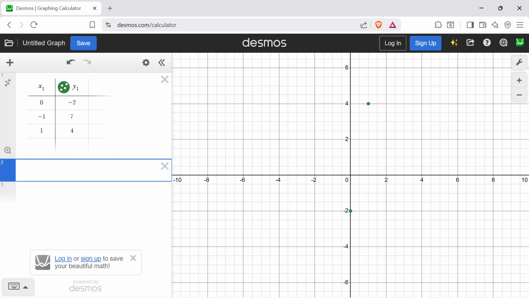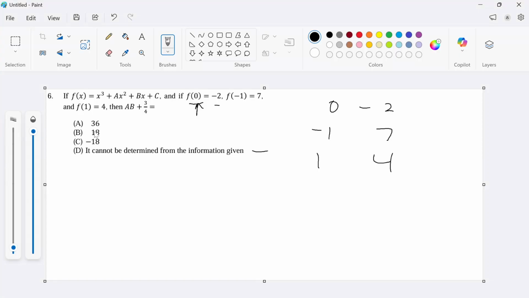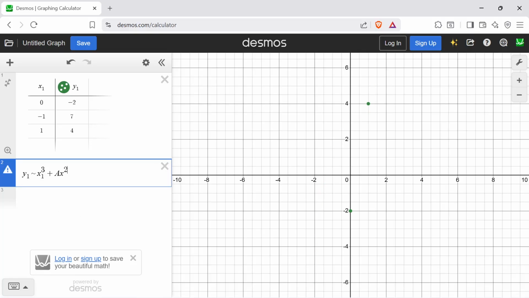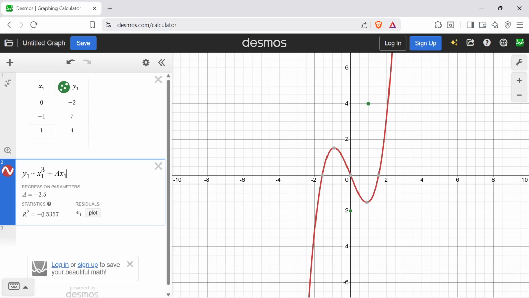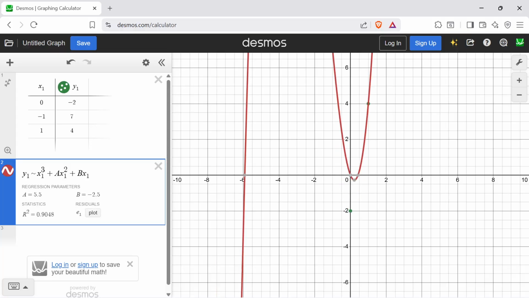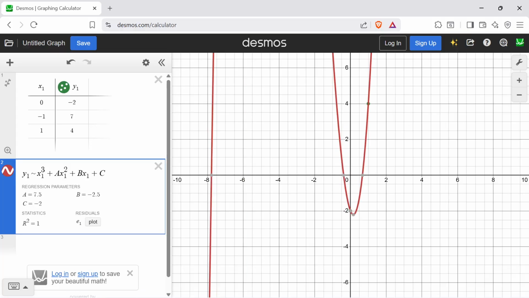So I'm going to do it like this. y sub 1, and I put the little tilde, then x sub 1 cubed plus a x sub 1 squared plus b x sub 1 plus c.